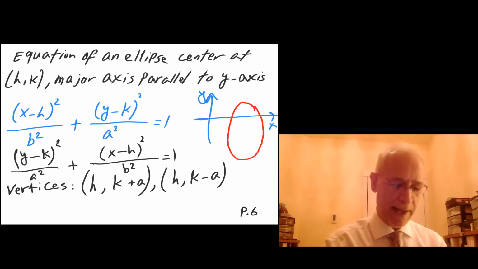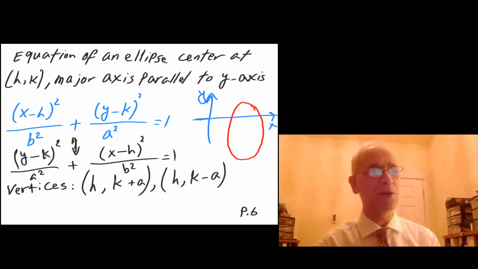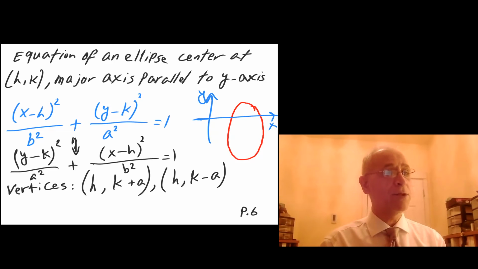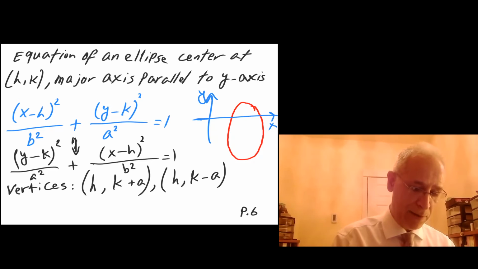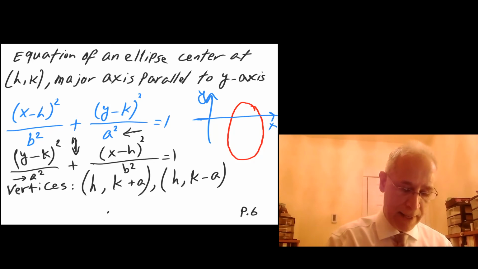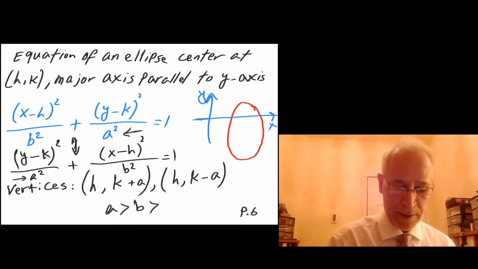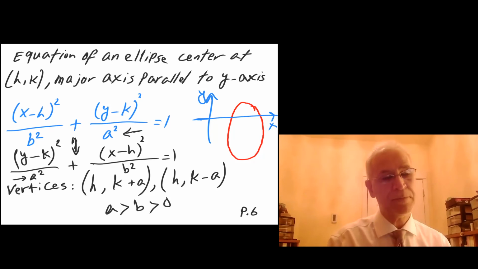Since the sign here is addition, it doesn't matter which one you write first. 2 plus 4 is the same as 4 plus 2. So the only thing that you have to remember is that the larger number would be under y in here and in here. So a is greater than b, and of course b is greater than 0.